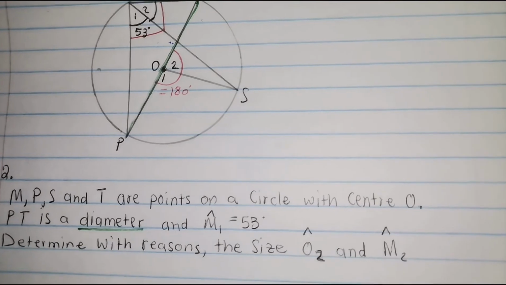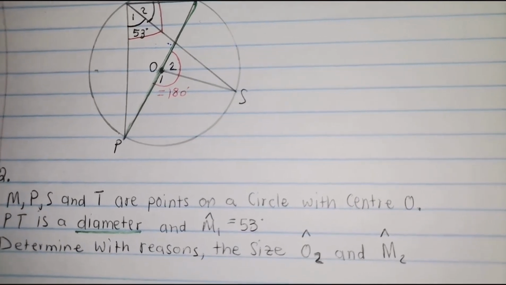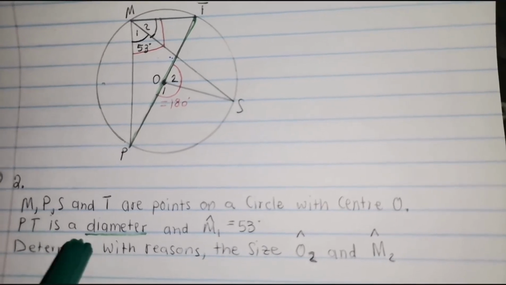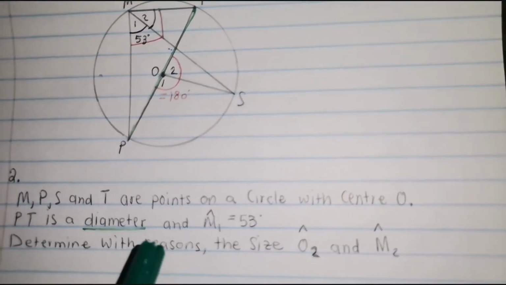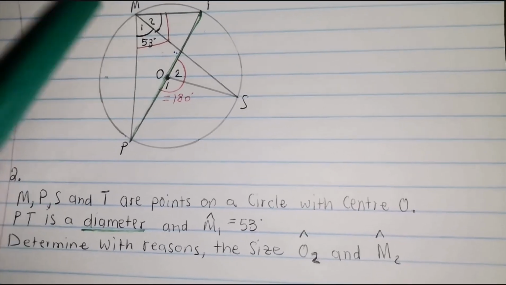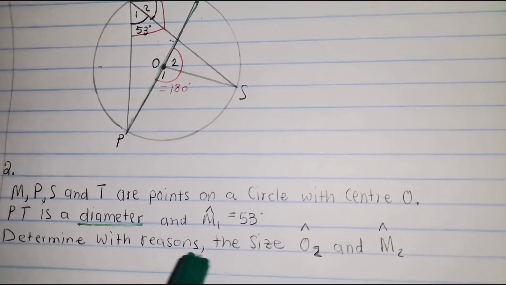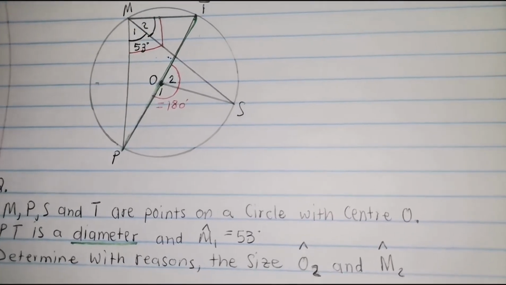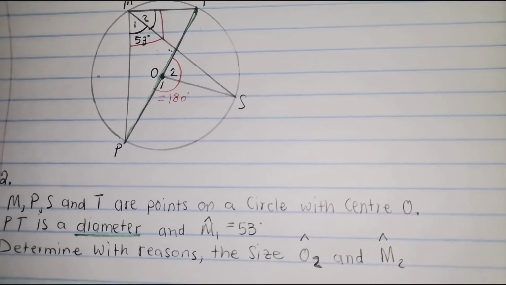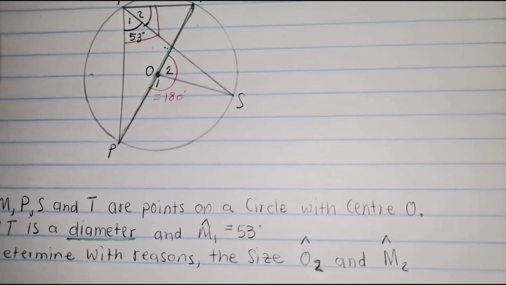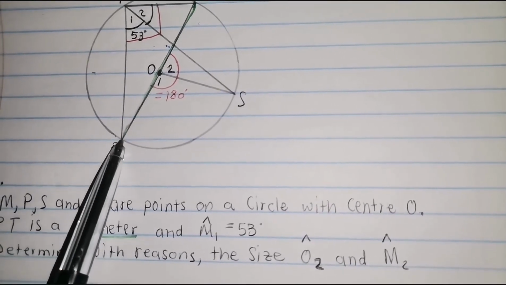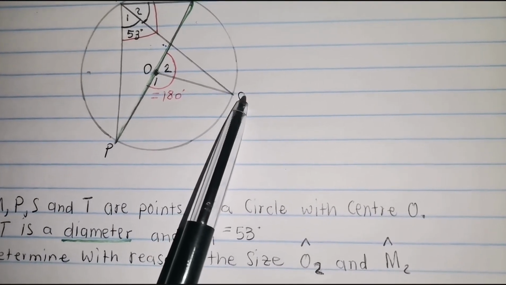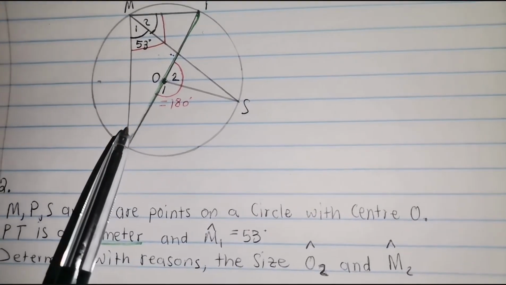We can continue with analyzing the statement and demonstrating on the diagram what it says. And M1 is equal to 53. Determine with reasons the size of O2 and M2. Simple. Let's do it. We have P and S on the circumference.